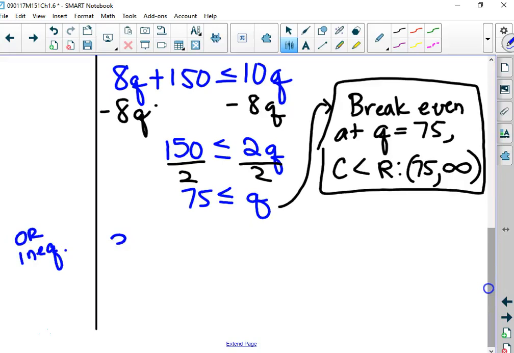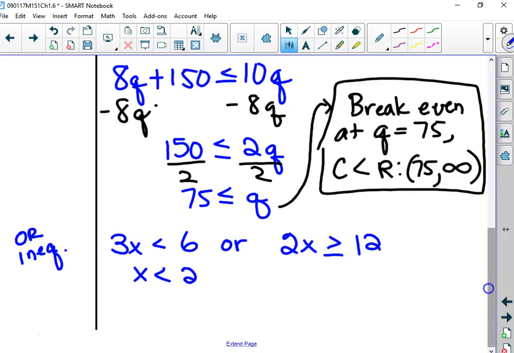For example, 3x is less than 6, or say 2x is greater than or equal to, let's say, 12. So if you solve these two, and I'm going to skip some work here, just divide by 3, I get x is less than 2, or x is greater than or equal to 12 divided by 2, which is 6. All right, that makes sense.